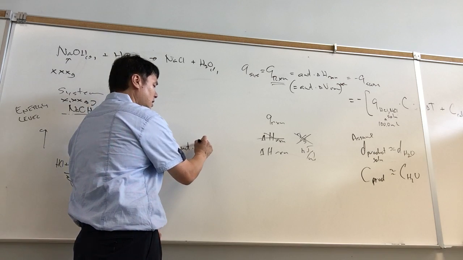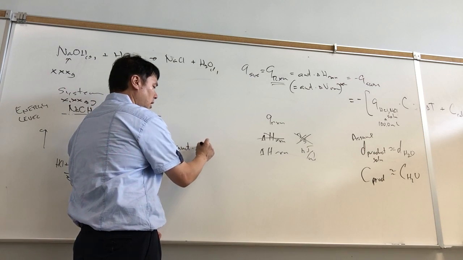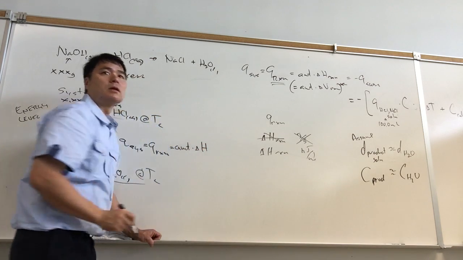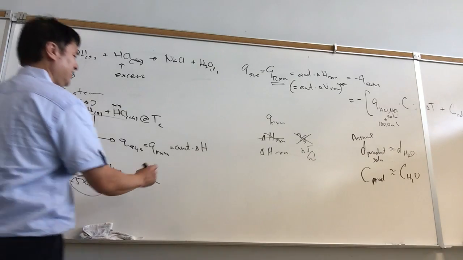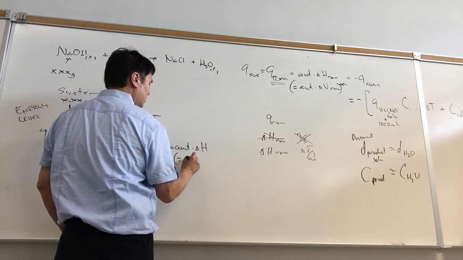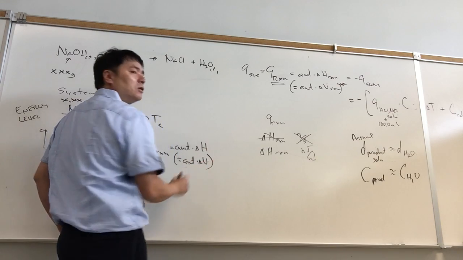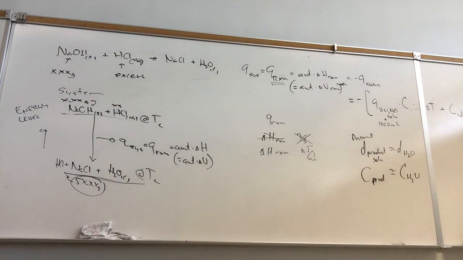Constant pressure, so amount times delta H. But if we did this in a bomb, would it have changed anything? No. And so in this case, it's equal to the amount times delta U. We have to keep all these relationships in order so that we can do our calculations.